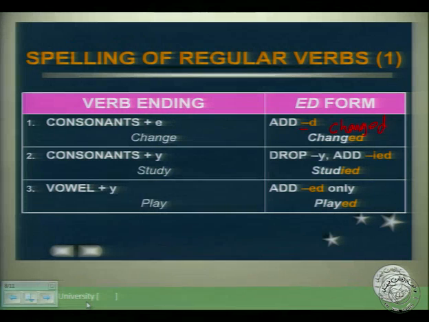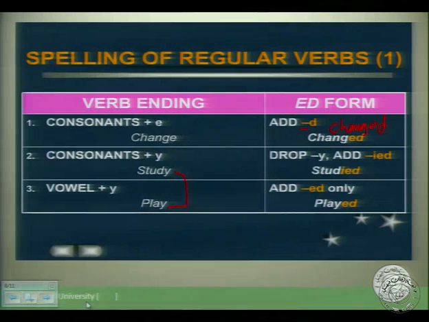If you have a consonant and then y, we change it into ied, like studied. If we have a vowel, a, o, i, e, all of these are vowels, and then we have y, we just add ed. So what is the difference here?